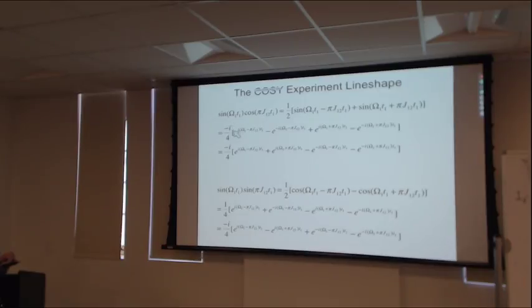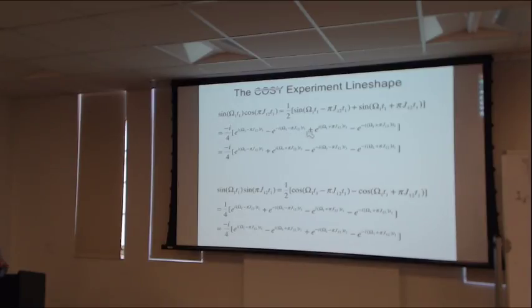You can see that they're multiplied by i. And remember i means a 90-degree phase shift. So these are going to be dispersive line shapes. So we associate a sine modulation by the chemical shift with giving dispersive line shape. So now in the future, I look at this and say, in-phase doublet, dispersive line shape.